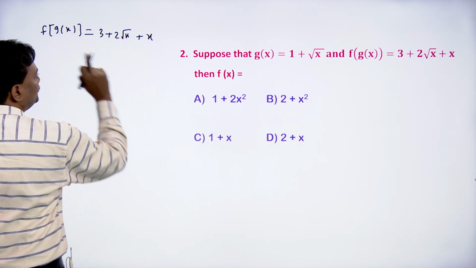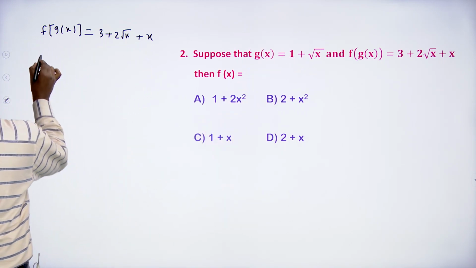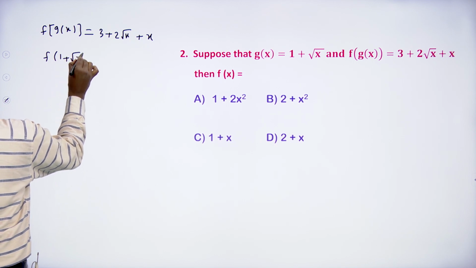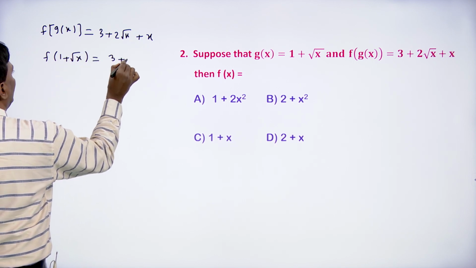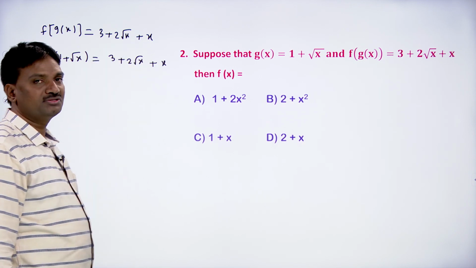So in place of g of x we can write 1 plus root x. So f of 1 plus root x equal to 3 plus 2 root x plus x.